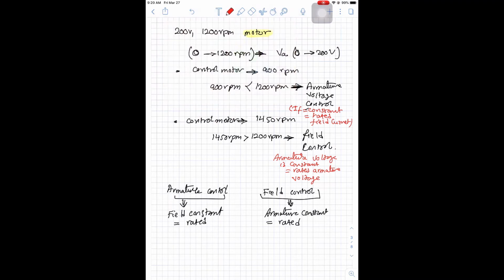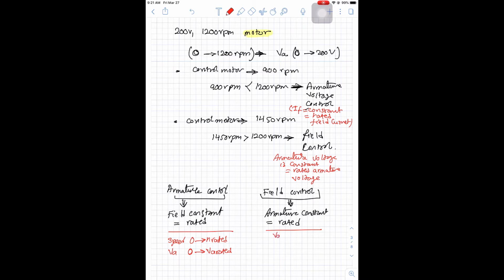We will do armature control to change the speed from 0 to N rated, and in this case V armature will change from 0 to V armature rated. Once your voltage reaches the rated value and your speed has reached the rated speed, you cannot increase the speed anymore. To increase the speed more, you need to switch from armature control to field control.